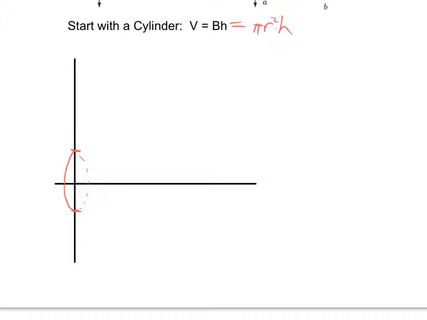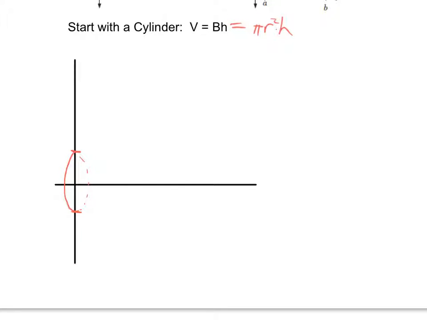So let's say it's wrapping around there, and it goes down to this length right here, so it's going to be the same height above and below.